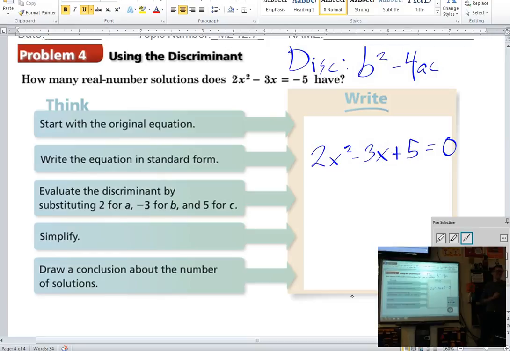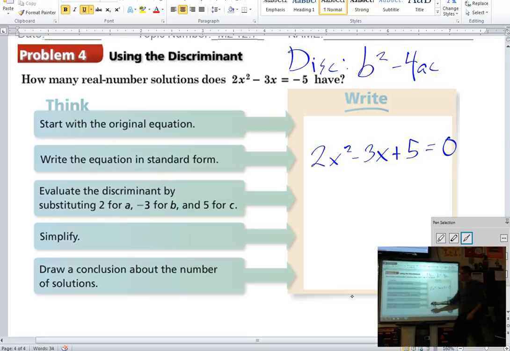Isn't it negative b over, wait, negative b squared over 2a? No, not negative b squared. It's negative just b, negative b over 2a. Yeah. So be careful you don't mix the first thing and then you just add the discriminant onto it. So remember, your quadratic formula is essentially a combination of your axis of symmetry and the discriminant. Except then we square root your discriminant and it's plus or minus.